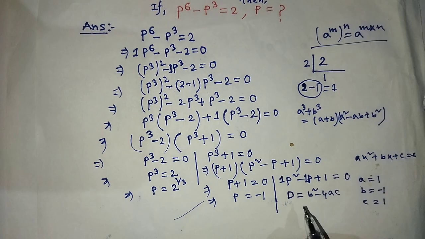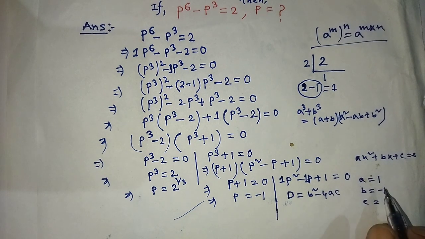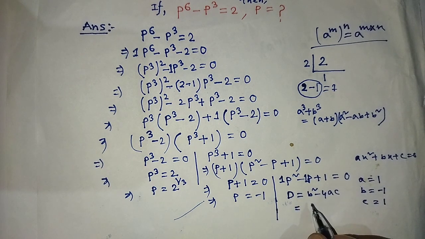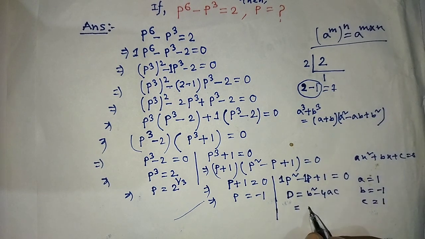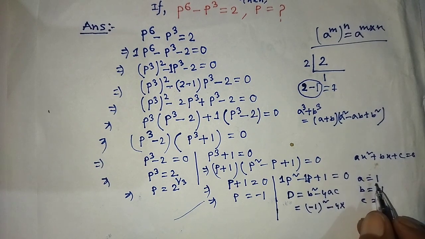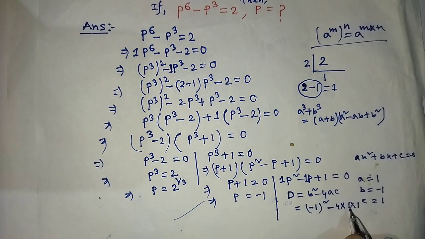This is the formula of the discriminant. If you put the values of a, b, c, in the place of b we write minus 1 whole square, and here is 4ac, so we write 4 into 1 into 1.